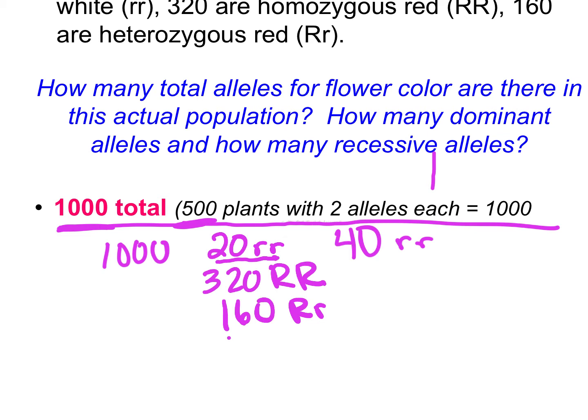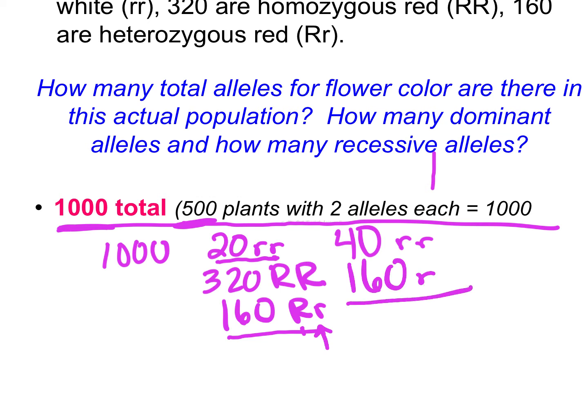And the 160 plants that are heterozygous can each contribute one little r. So I have 160 little r's to give.